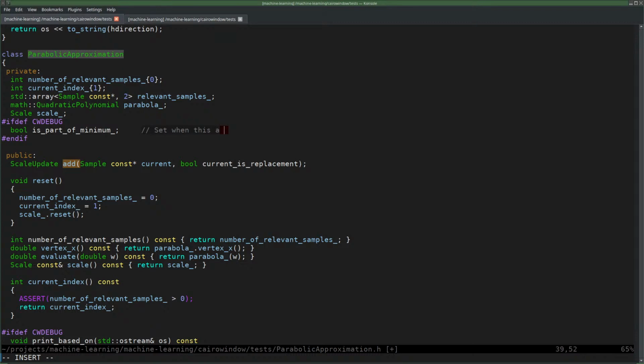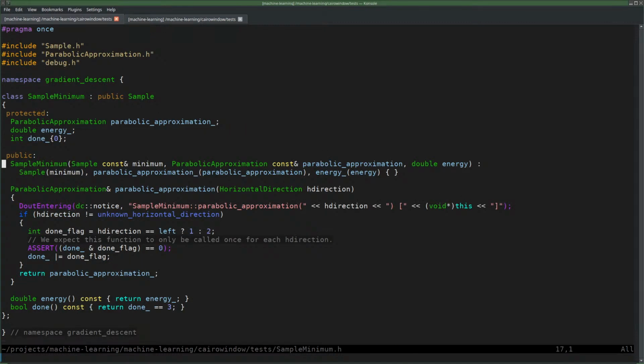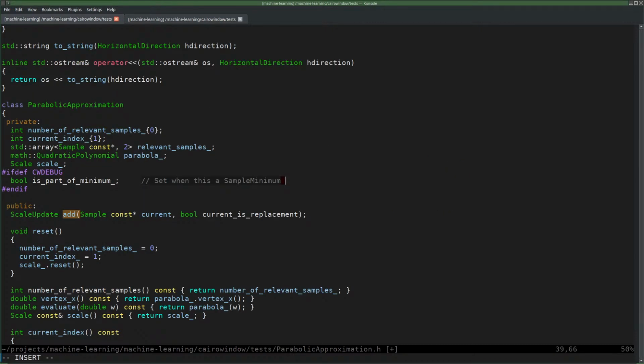Minimum was stored in sample minimum, scale minimum, sample minimum. Yep, this one. So I want that to be set then as part of the constructor. Add a comma, debug only.